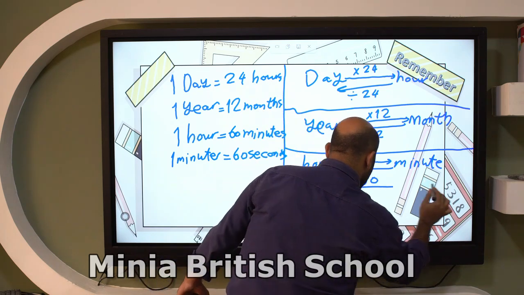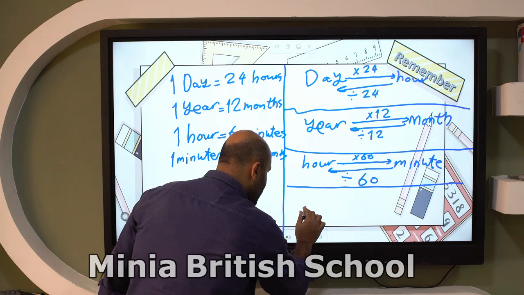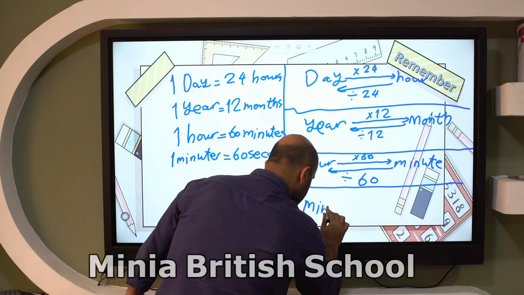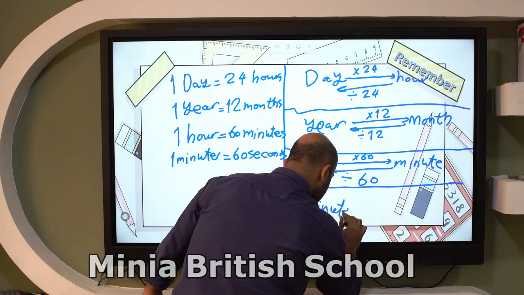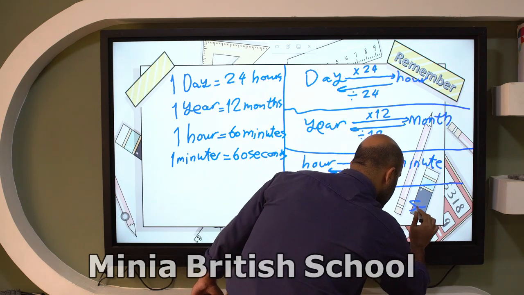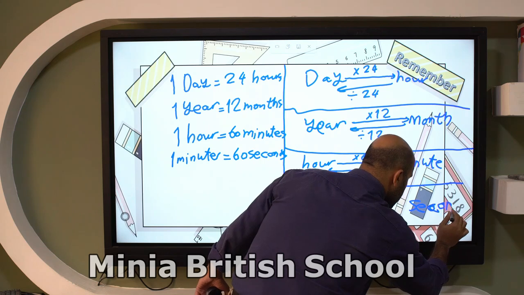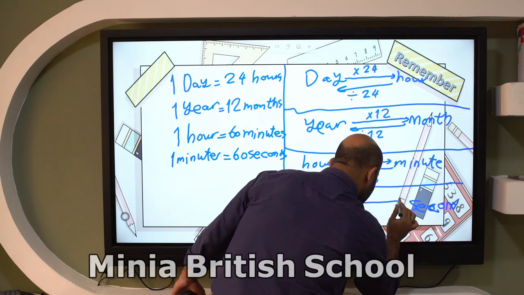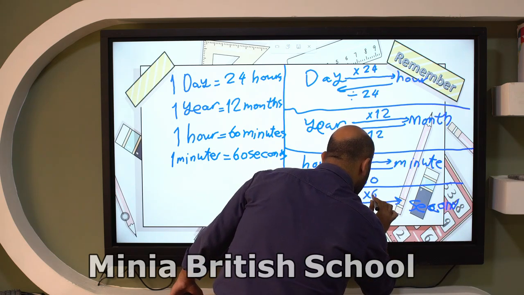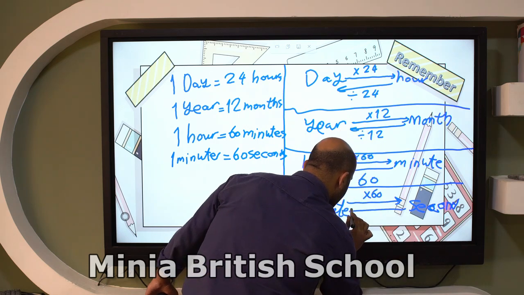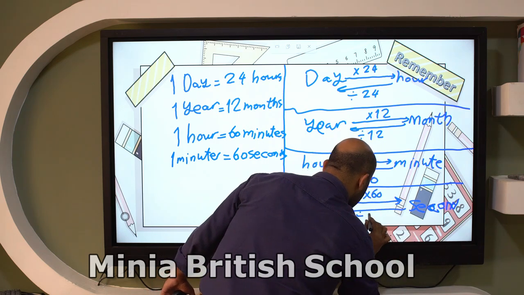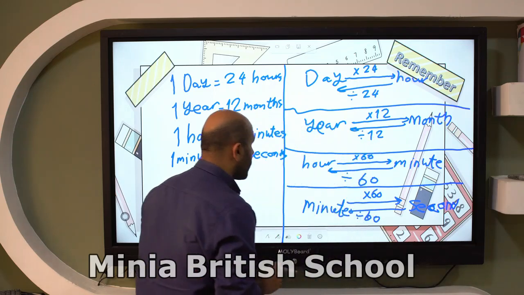And finally, if I want to convert from minute to second, I have to times it by 60. What about the inverse? Then I will divide it by also 60.